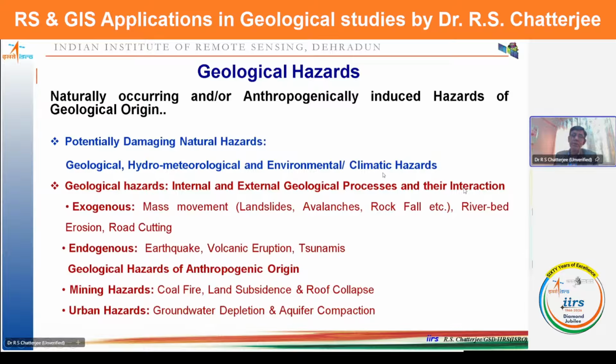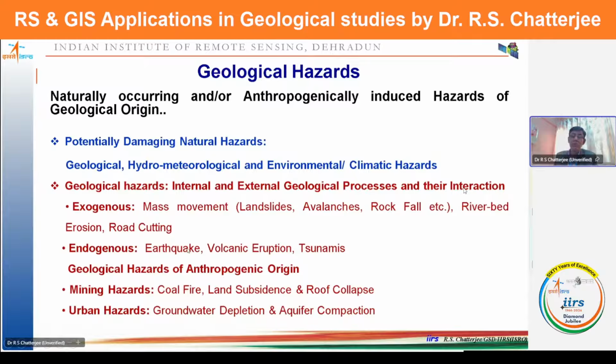There are three types of natural hazards: the geological hazards, hydrometeorological hazards, and environmental or climatological hazards. Under the geological hazards, we can have internal and external geological hazards. External means exogenous, governed by the force of gravity. So mass movements like landslides, avalanches, rock falls, sometimes riverbed erosion, rock cutting, these are all exogenous.